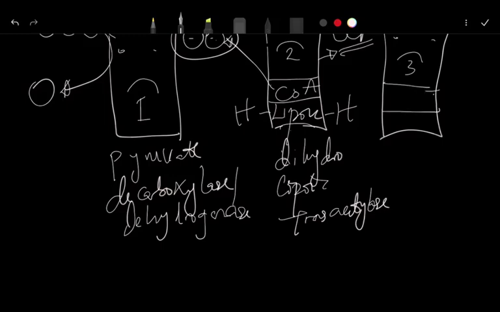These 2 coenzymes are FAD and NAD. So these are the 2 coenzymes attached to the last apoenzyme, FAD and NAD.